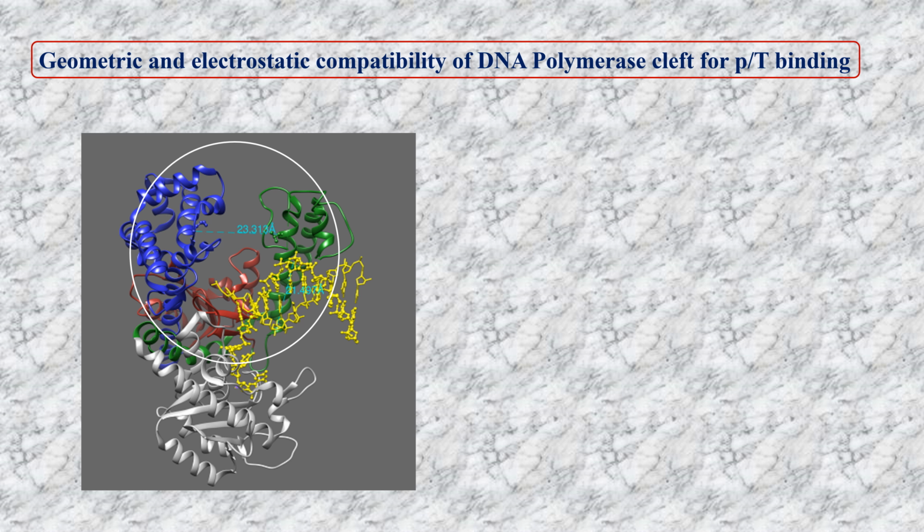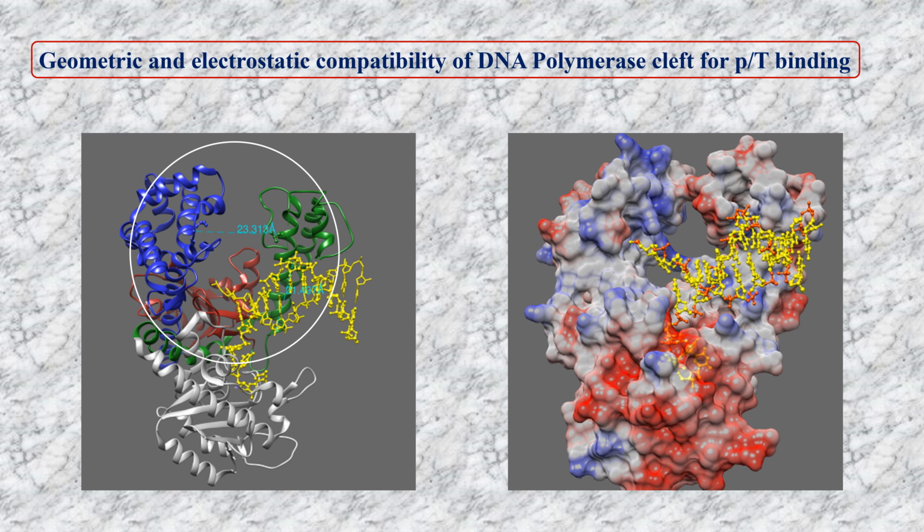Now, the diameter of B form of DNA is about 24 angstrom, so it can be easily accommodated into the cleft. On the other hand, we have already seen that the cleft walls are dominated by basic or positively charged amino acid residues. The DNA backbone is negative due to the phosphates. So, the electrostatics also helps in the binding.